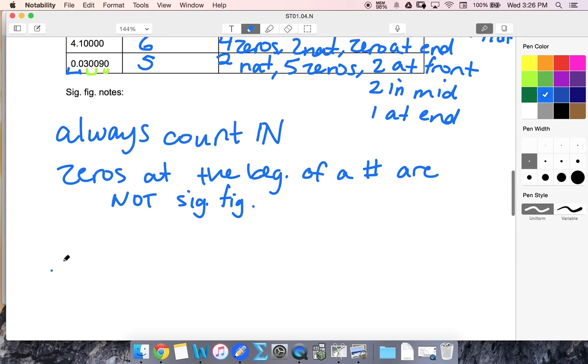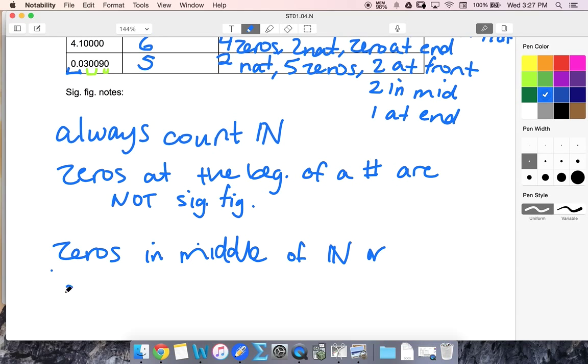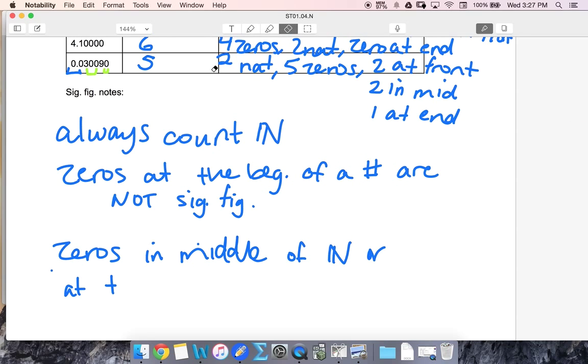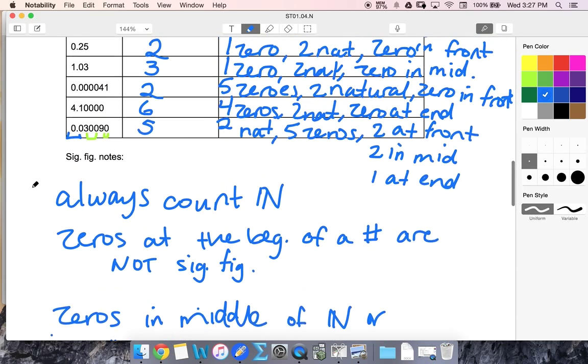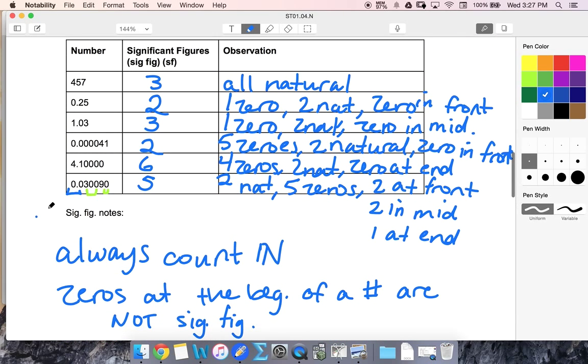But zeros in the middle of naturals, or at the end. But more specifically, and I should have included one more example, because if I come up here and make one more example, I'm going to put it down here.